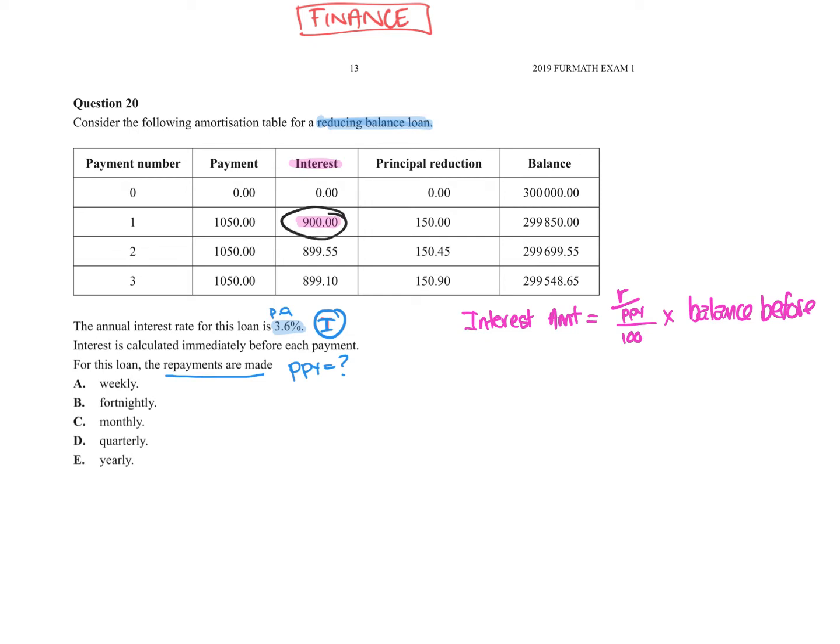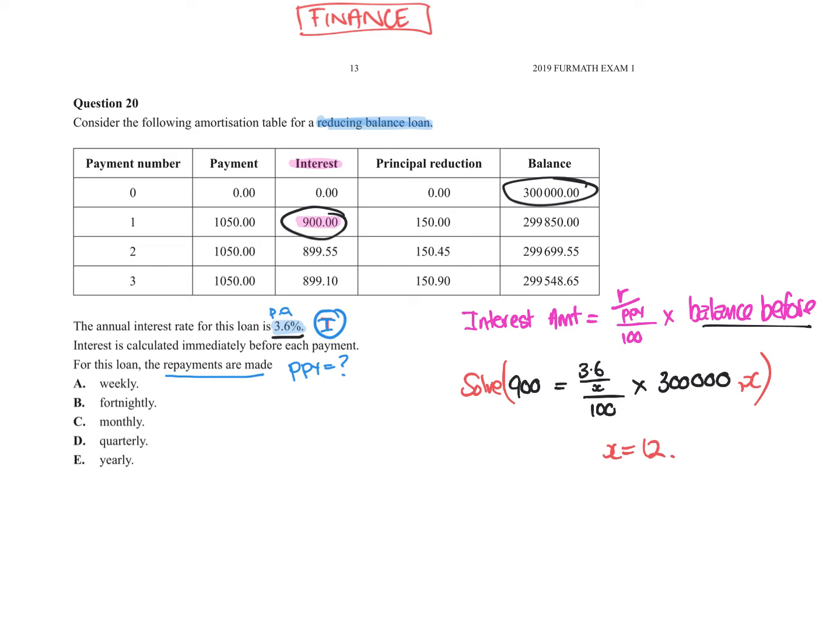I'm going to use this 900 interest amount. Now I know the R, it's 3.6, divided by X, which is what I want, PPY, and I know the balance before was here, 300,000. So we could pop that in and do solve, comma X, and we're going to get X equals 12. So 12 would mean that it's monthly. Okay, so we've got C.